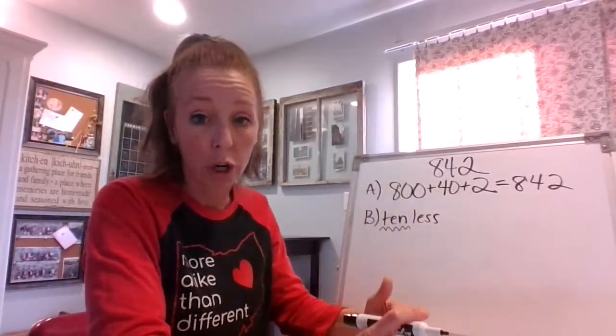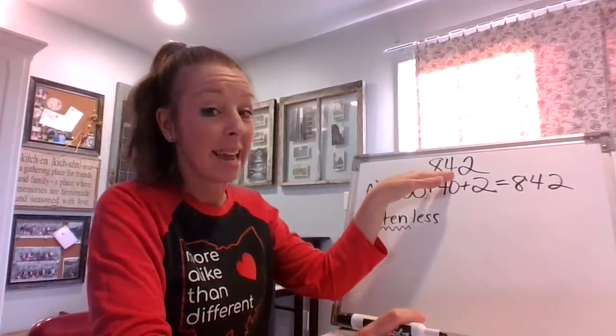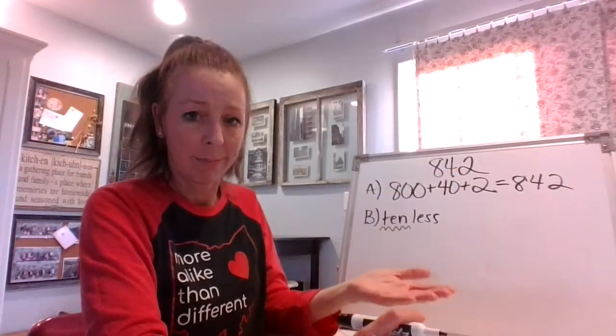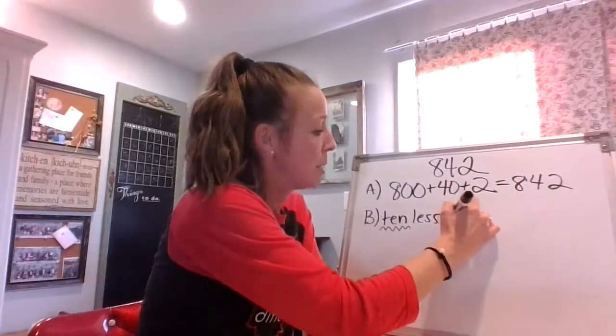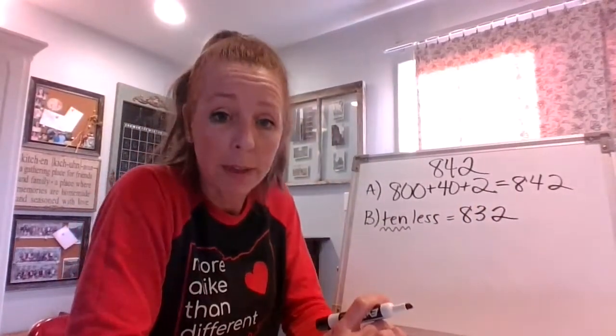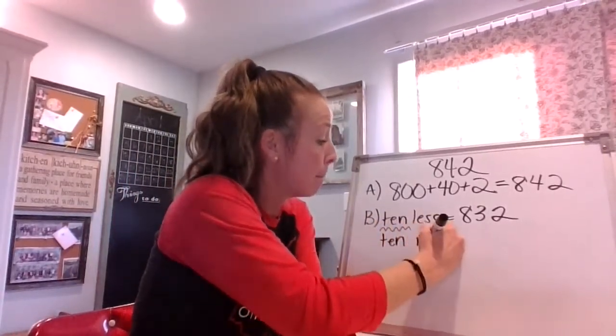Less means smaller, fewer. All right, so what is 10 less than 40? 30. You know this. So 10 less would be 832.